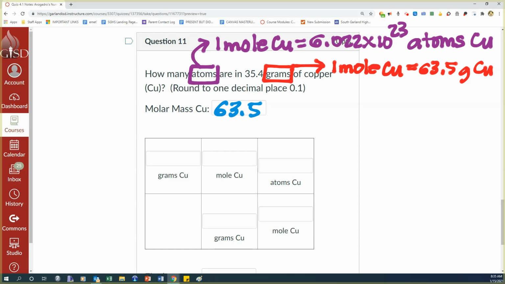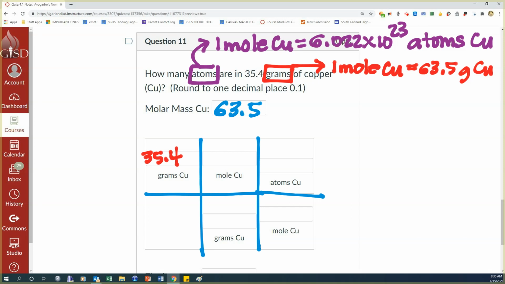Okay. Two conversion factors. So again, when you do this, instead of just a grid, add another 2 boxes like this. Okay. All right. The given, one more time, is 35.4 grams of Cu. Again, nothing here. Boxes diagonally across must have the same unit.